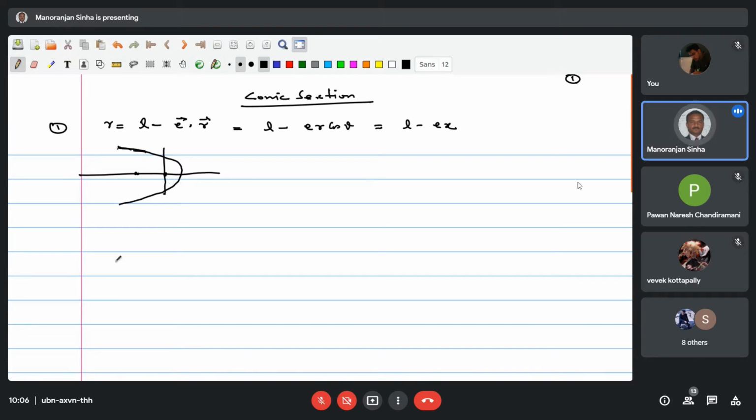For this kind of situation, r equal to l minus ex is valid. Here this point is the focus. This is the r vector, and this angle is theta.